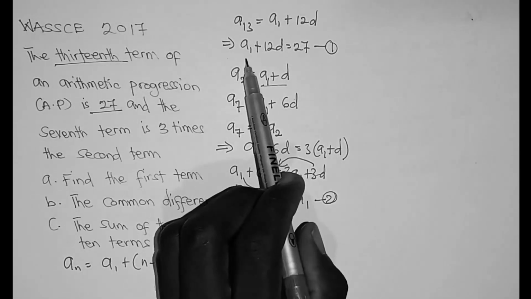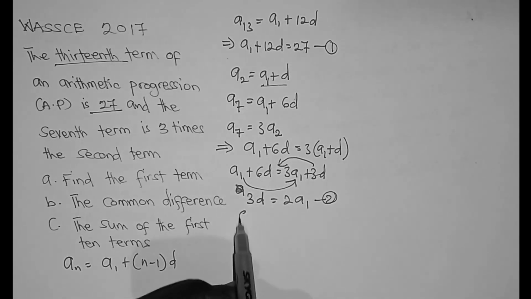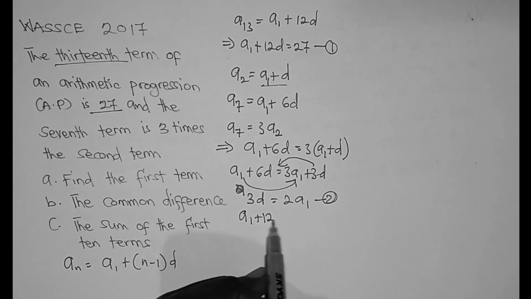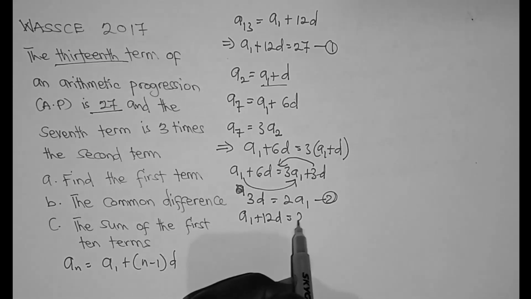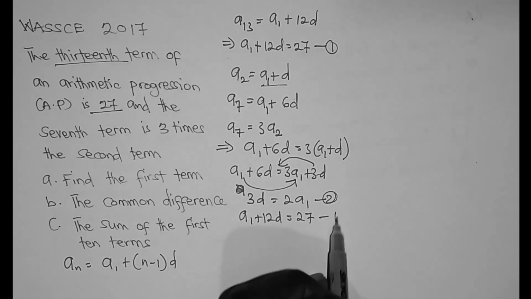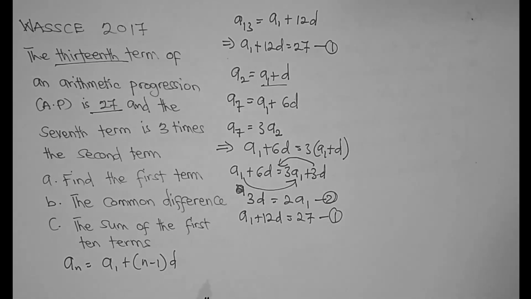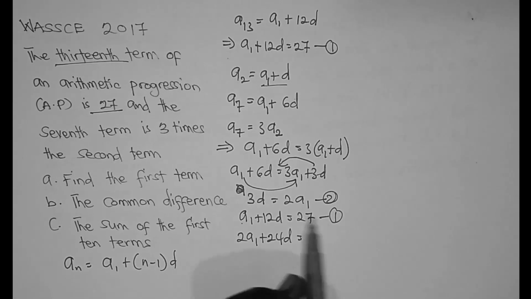However, from equation 1, we know that A1 plus 12D is equal to 27. We are looking for 2A1, and therefore let's multiply equation 1 by 2. So 2A1 plus 2 times 12, which is 24D, is equal to 2 times 27, which is 54.